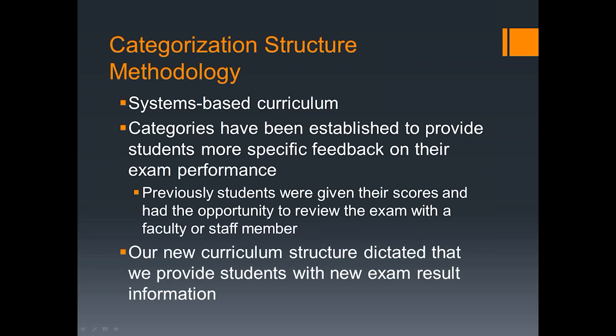What we were realizing is that when we were giving students feedback on their exams, traditionally they would just get their exam score, and if they chose to, they could then go pursue a faculty or staff member, however each course sets this up. That's up to their discretion, but they would then visit with a staff member typically and review their exam.